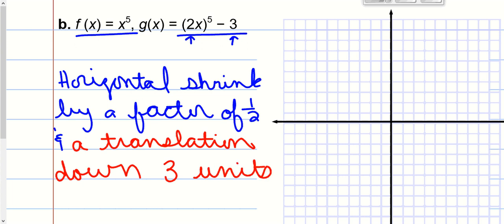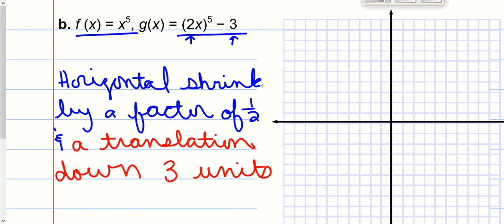Alright, so now if we were to graph this original function of x to the 5th, let's put that in our calculator.